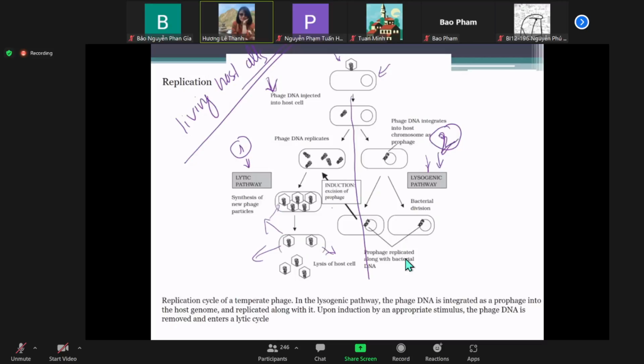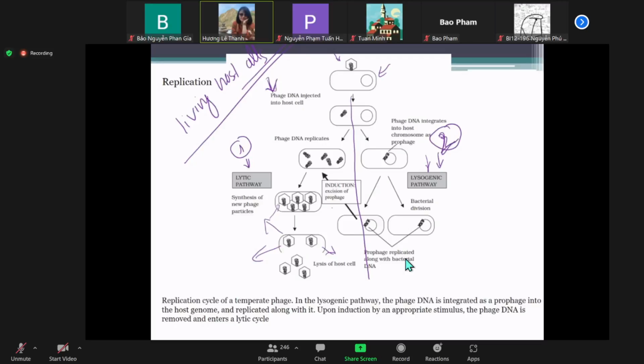The DNA of the virus integrates into the DNA of the host cell, and the host cell carries the viral DNA, which is multiplied as the cell divides. So we have new generations of cells that also contain the genetic material of the virus.